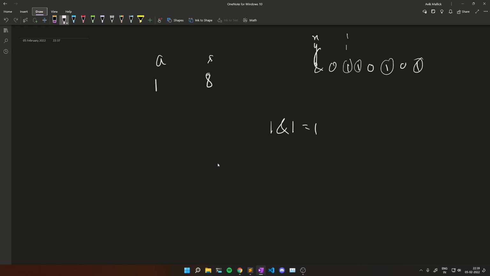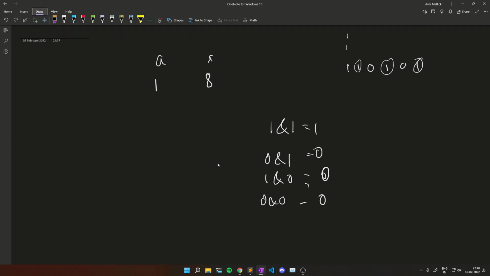Otherwise if any one of these two is 0, then the AND will be 0, like 0 and 1, 1 and 0, 0 and 0, all of these will be 0. So what I'm trying to say is that in the AND, if any bit is set, then for x and y that bit must be set. So that was the first observation.